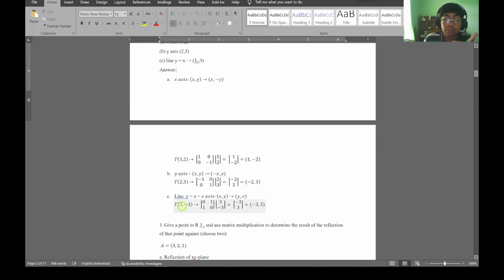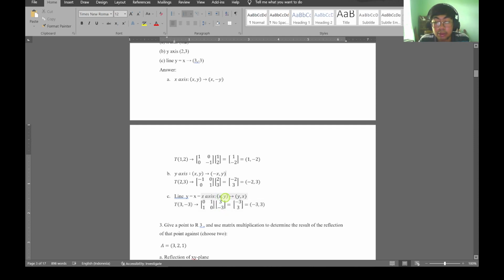So for the values 3 and minus 3, we need to multiply first. This is the standard matrix of the line y equal to x, and with that we multiply it. 0 1 times 3 and minus 3 is minus 3, and 1 0 times 3 and minus 3 is 3.